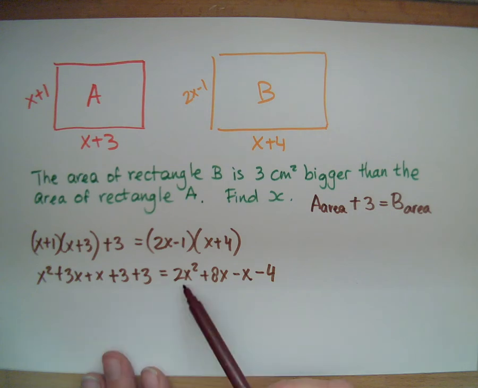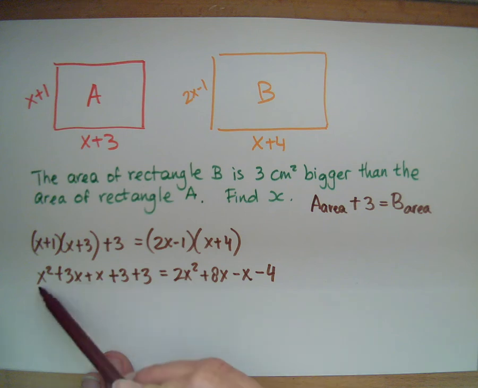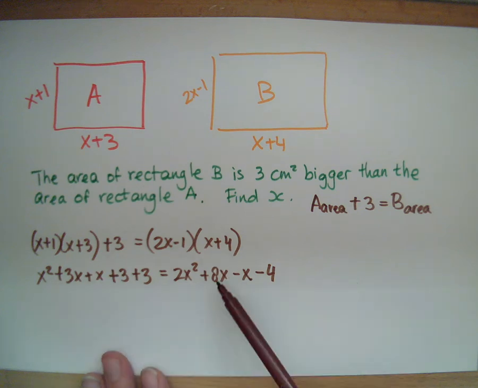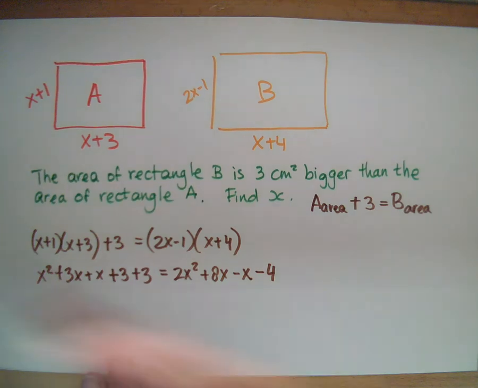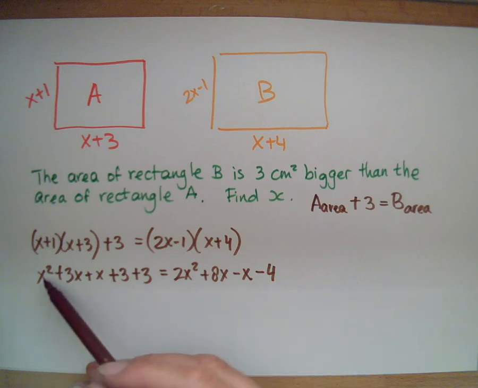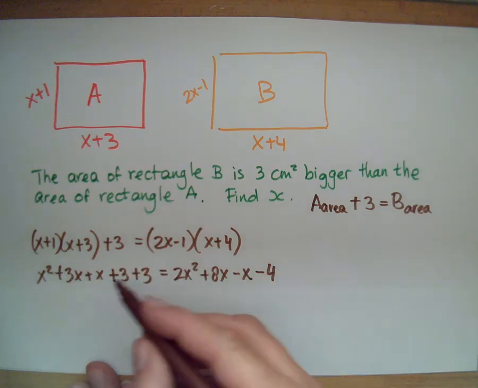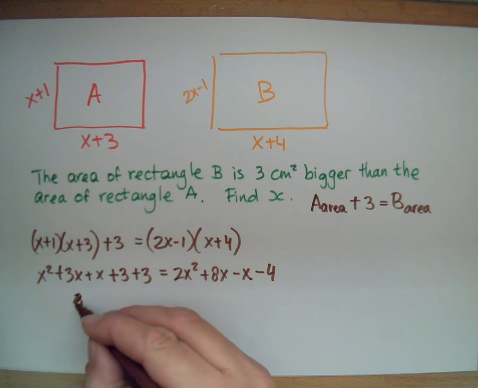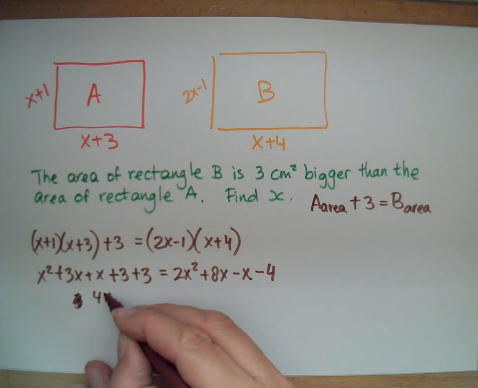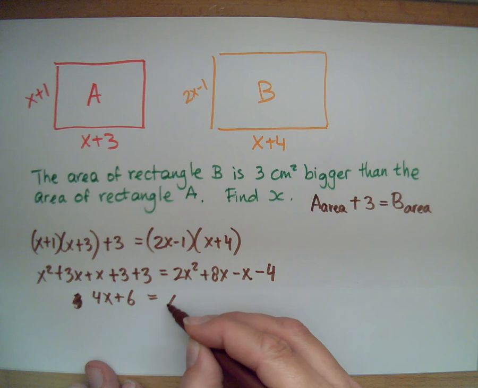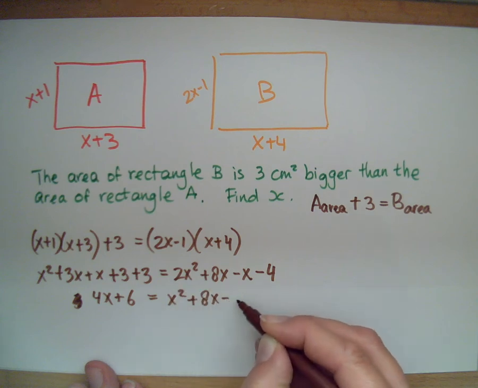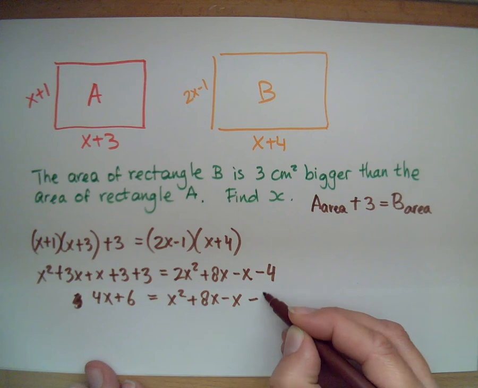Because I have 2x squared here and 1x squared here, I'm going to move everything to the right so that I get 0 equals, because it really doesn't matter if the zero is on the left or the right. So I'm going to subtract x squared from both sides, and at the same time combine these terms, 4x plus 6. Oops, I could have combined those.